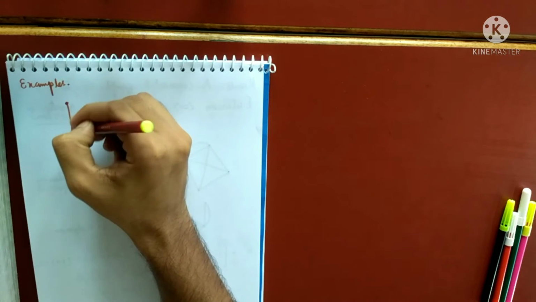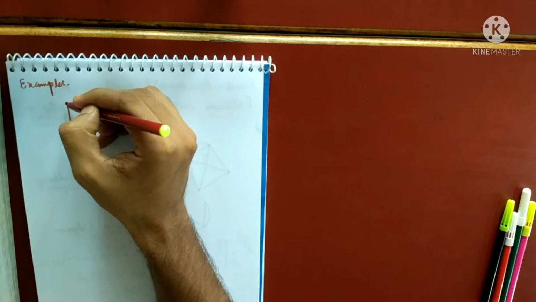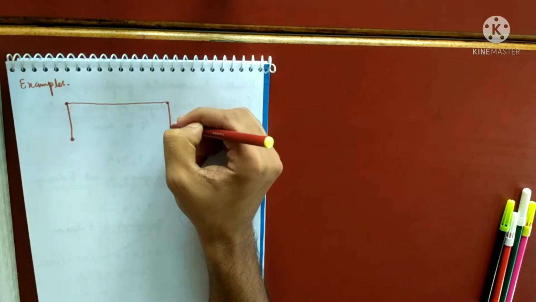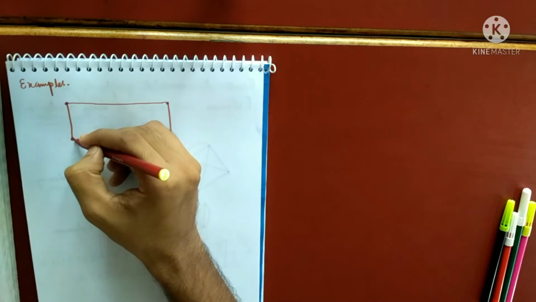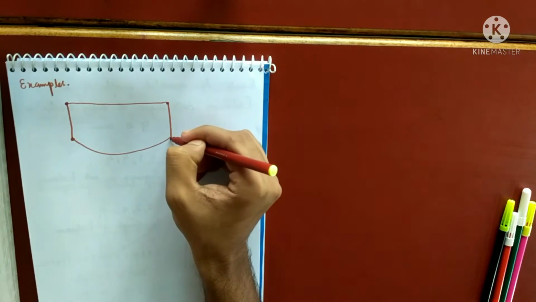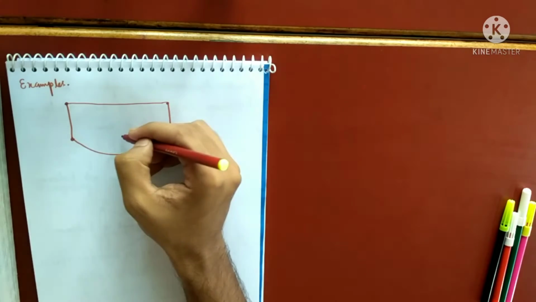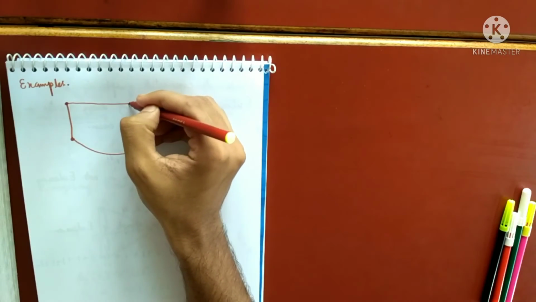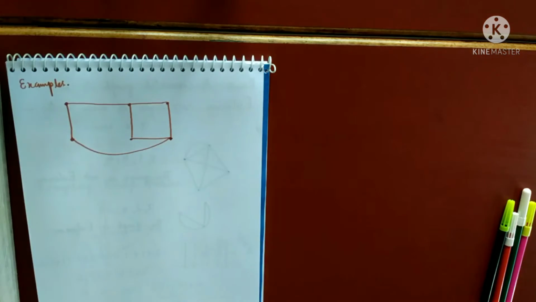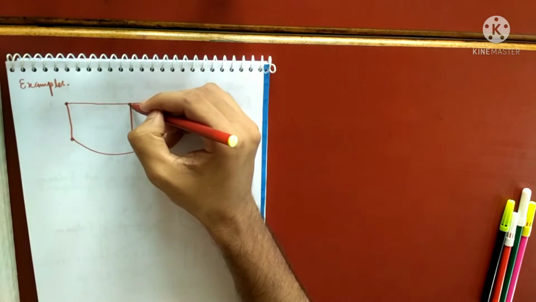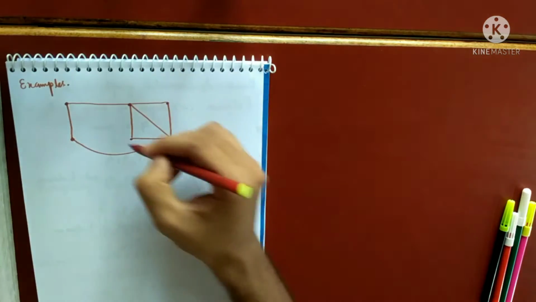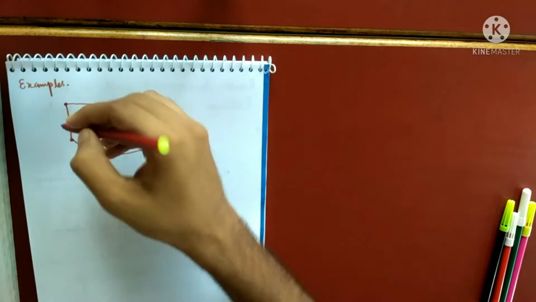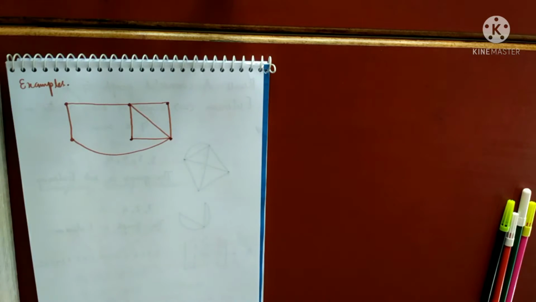So consider this graph, having 6 vertices and some number of edges.